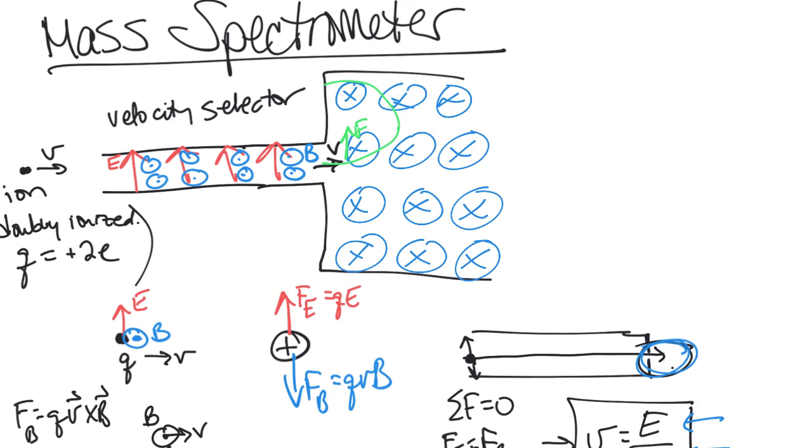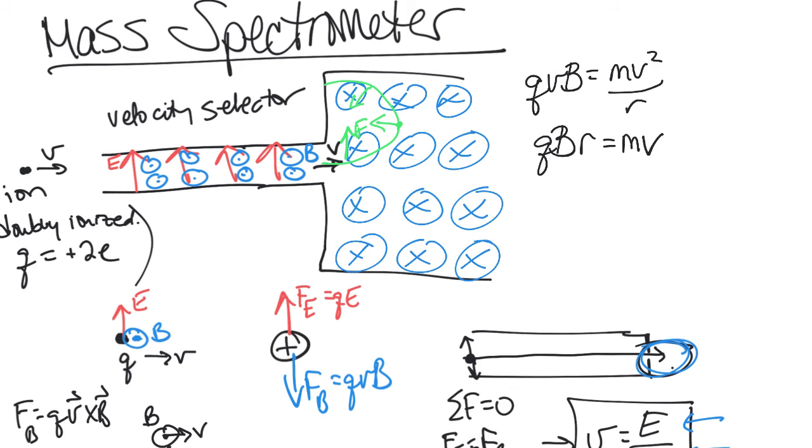something like that, right? So we talked about that in class, where you get this centripetal force provided by the magnetic field. And so that QVB is mv squared over r. If you move this around, we can look at how this would be used.